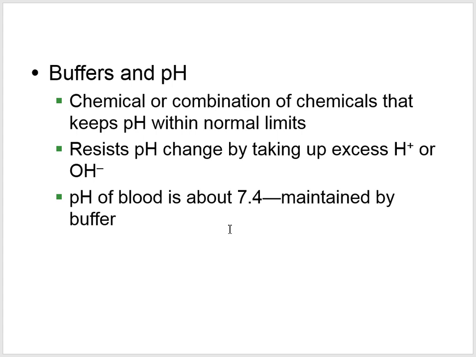So living things spend a lot of effort making substances called buffers. Buffers are like chemical sponges that soak up extra acid or extra base to try to keep the pH of a solution fairly consistent. We have buffers in our bloodstream that soak up extra acid, or in some cases soak up extra base, to try to keep our pH at 7.4.